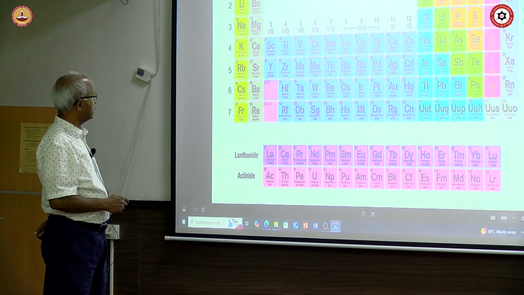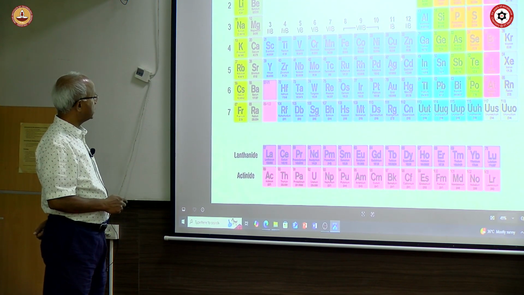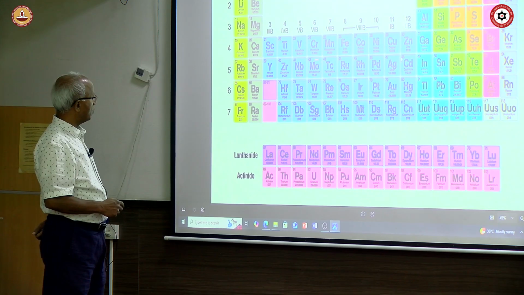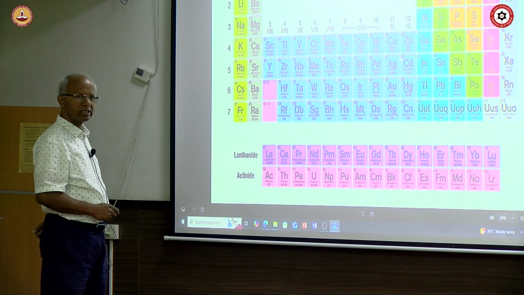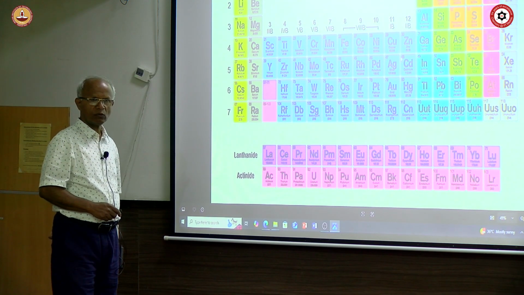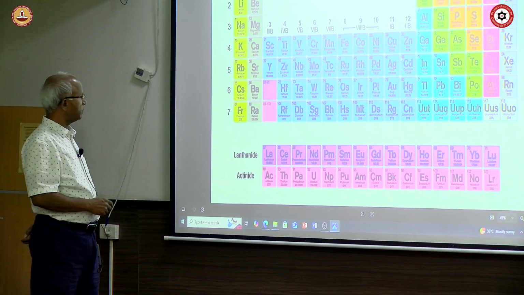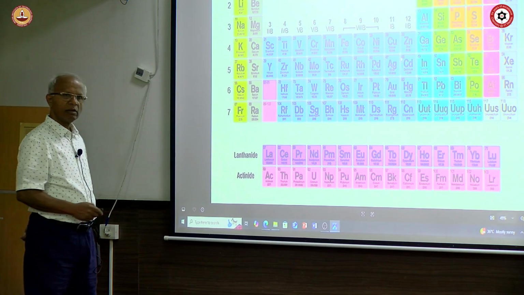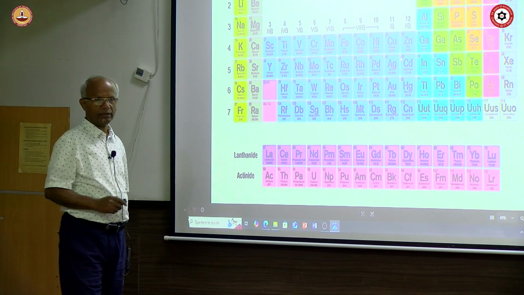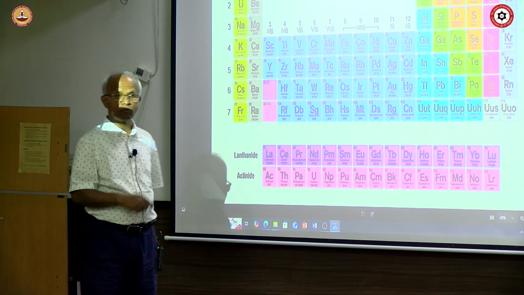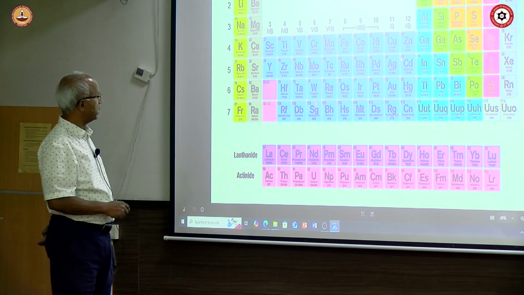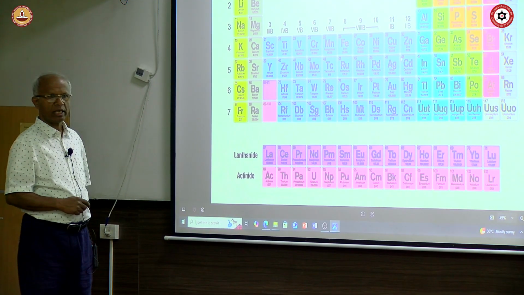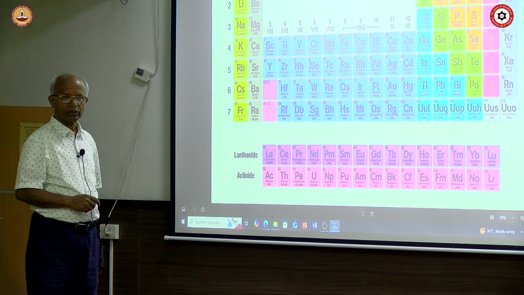Now in chromium, +3 and +6 is what I told you. Molybdenum is known to exhibit +5. Tungsten +6 is more stable than +3, but they do exhibit 4 also. So tungsten and molybdenum exhibit 4 and 6.